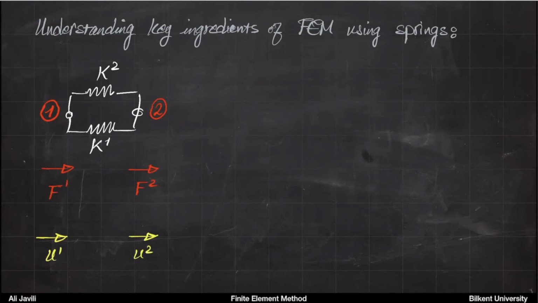So what is the difference between the forces and displacement from this perspective? So you can see already that U2 is the same for both springs. U1 is the same for both springs, but F1, the force at point 1, is basically the sum of the forces from spring 1 and spring 2.